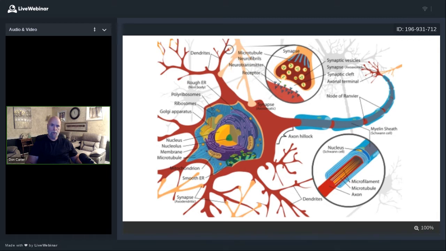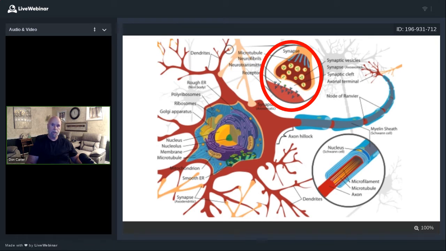Let me see if I can get in a position to be a little more helpful. These terminals down here then join with other brain cells, though they don't exactly join. They join in a synapse, which is where an axon comes close to the receptor sites in the dendrite of the next cell.